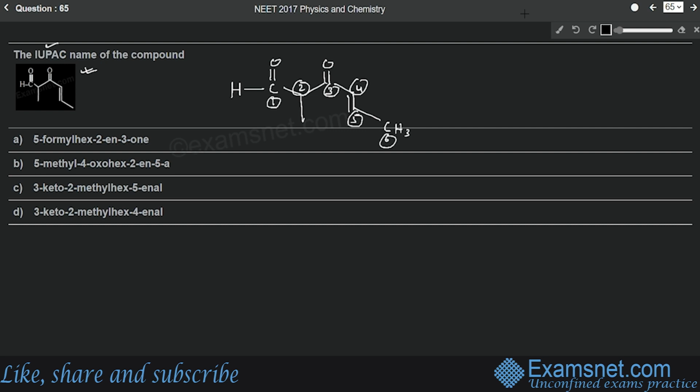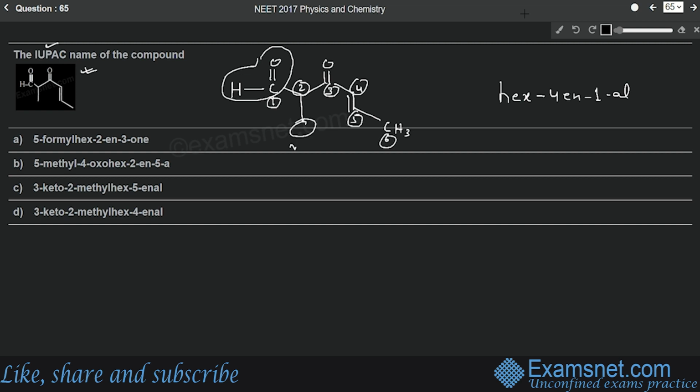So that means we'll write hex for this because six carbons are there. And then at the fourth position we have a double bond, so we can write hex-4-ene. And at the first position here we have an aldehyde group, so at last we can write it is 1-al. This is an aldehyde group. Now how many substituents are there? At second position we have a methyl group here.